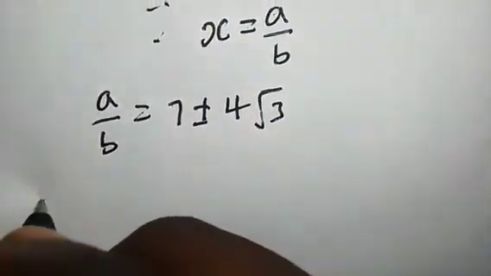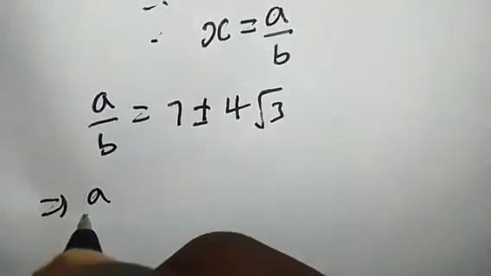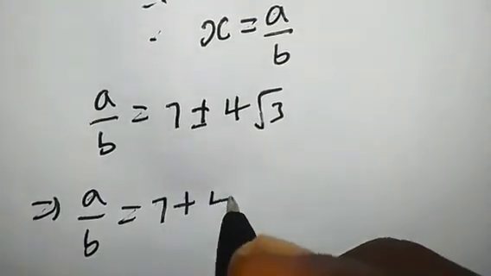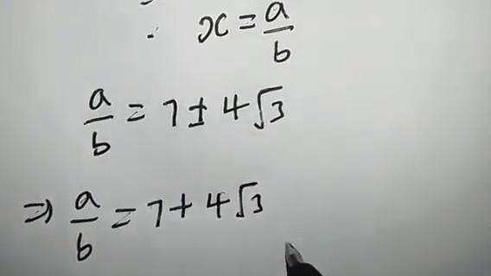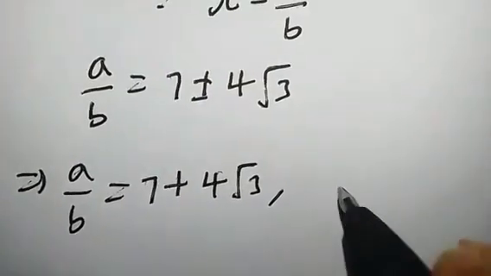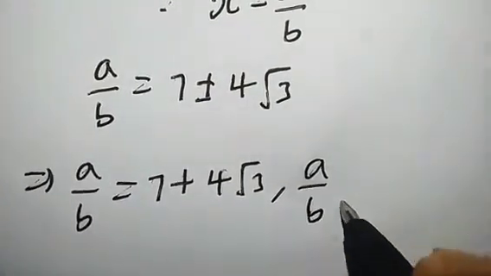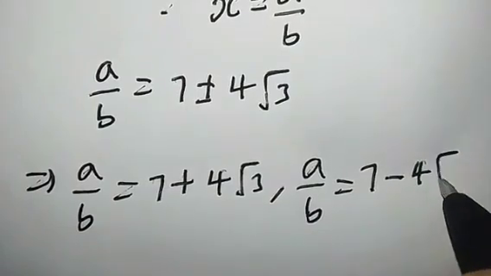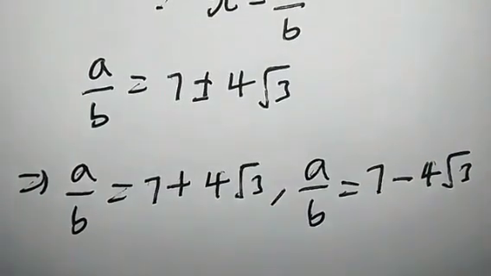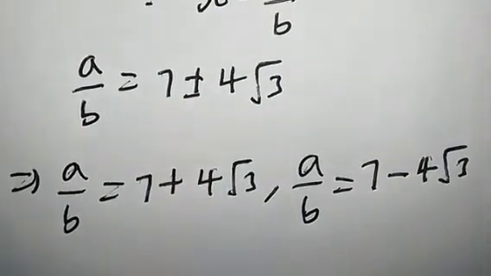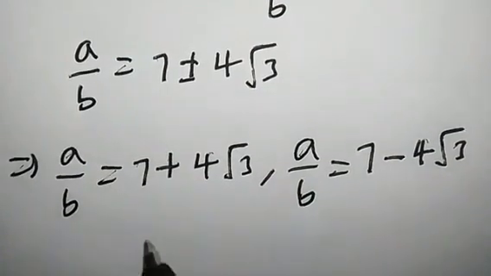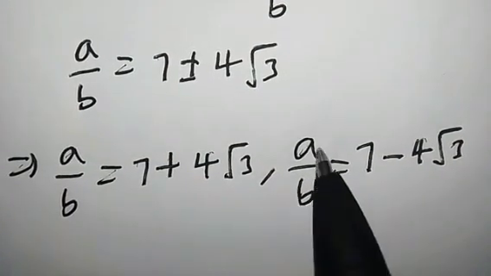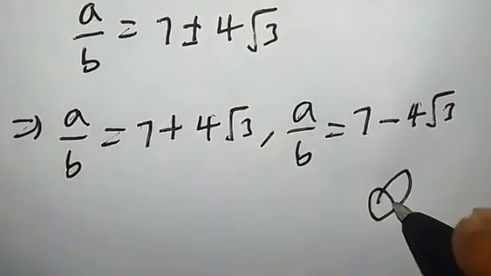So this implies that a over b is equal to 7 plus 4 root 3, and also a over b is equal to 7 minus 4 root 3. By considering this sign, you will see that we have two distinct solutions for a over b. So that's it.